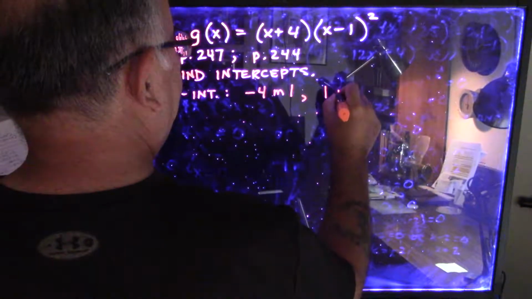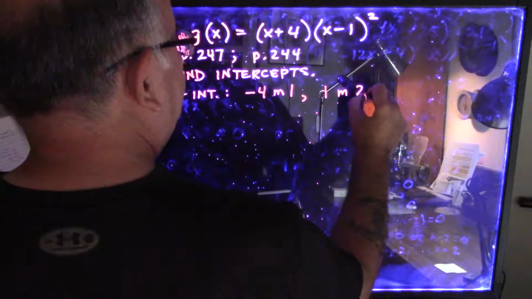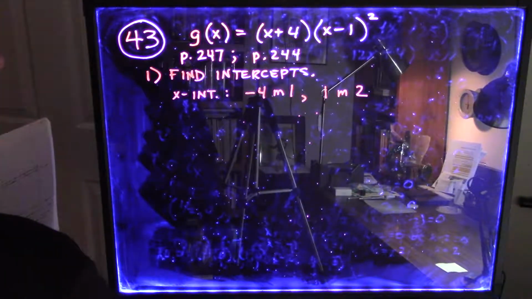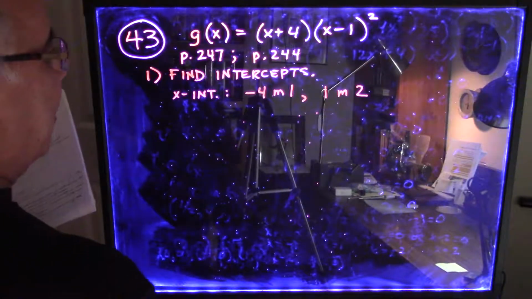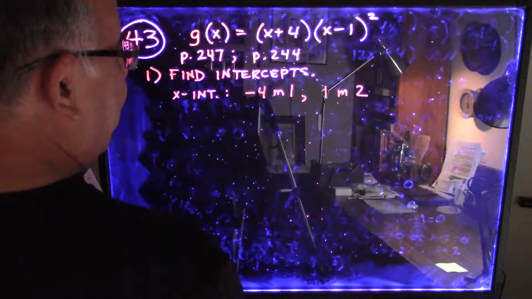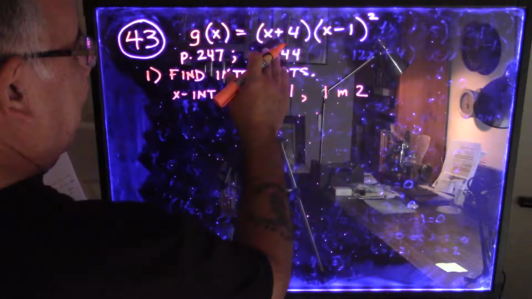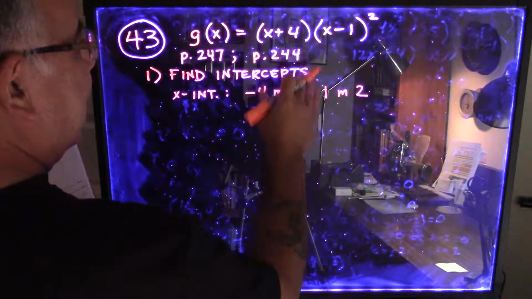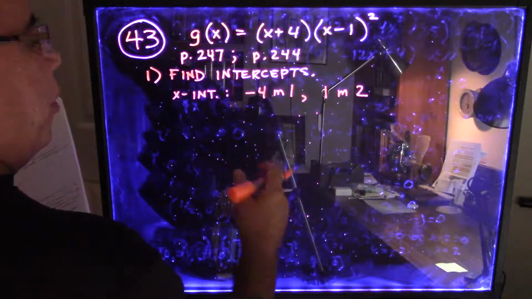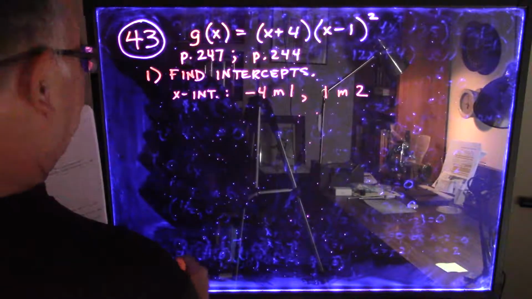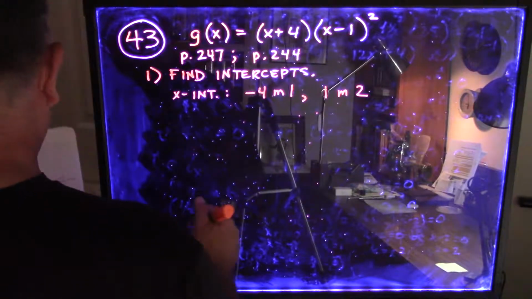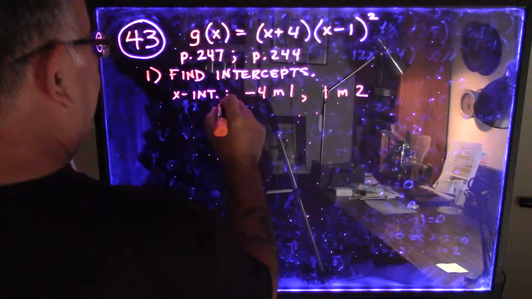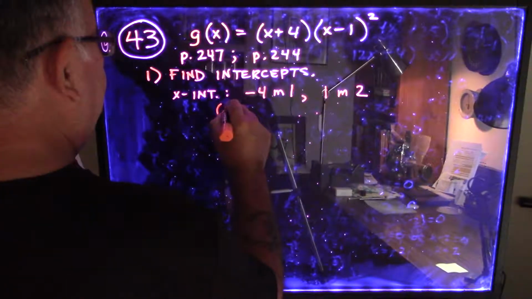I'm not going to go over the details of getting the intercepts because you should know how to do this one by now. We've been doing those in detail before this. All right. So if you don't know how to find the intercepts on this, go back a few problems, and we've done a lot of those in detail. All right. So what we have then is negative 4, 0.